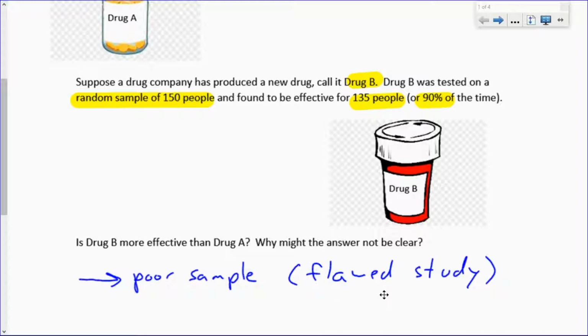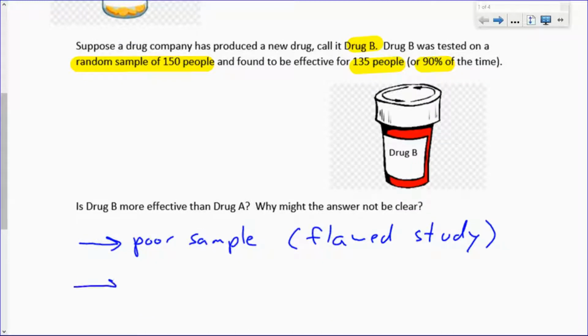So although a flawed study is a possibility, let's say that it's not. Let's say that the study was done well and it was a good random sample of 150 people. That still doesn't necessarily mean that drug B is more effective, because drug B could have got lucky. Maybe it just by random chance happened to do better than drug A when it's not actually better.